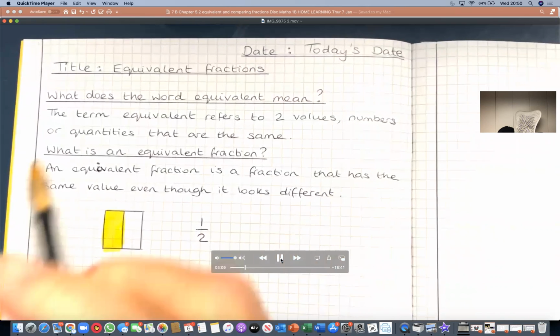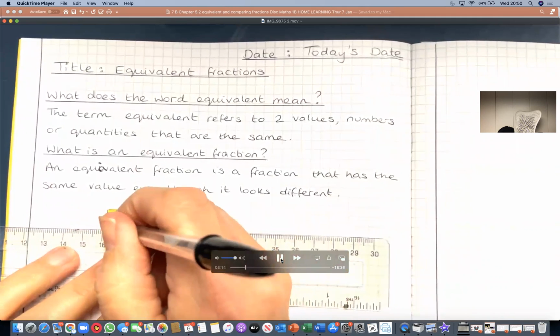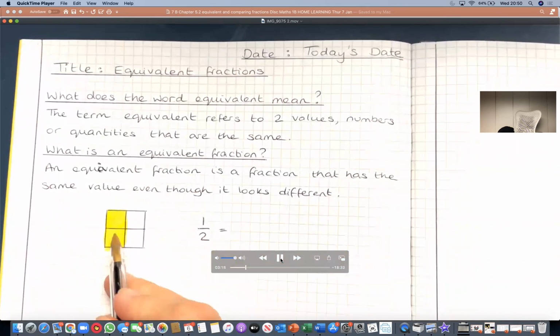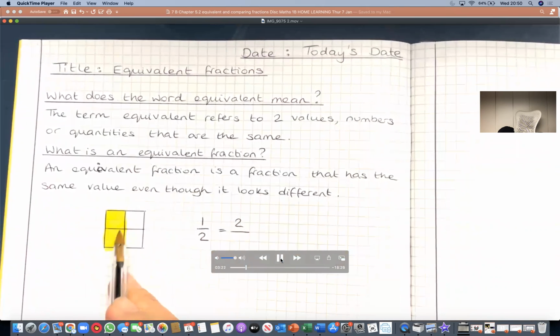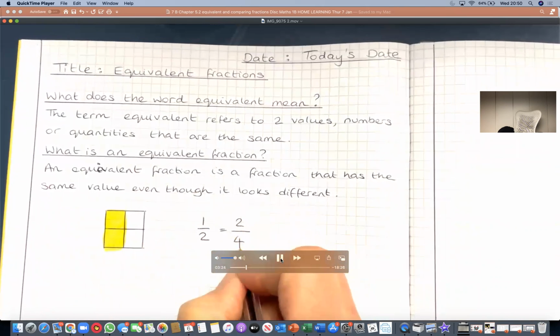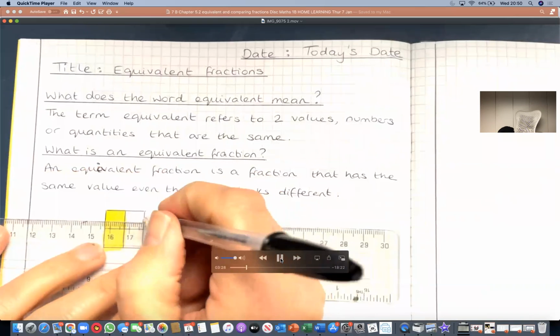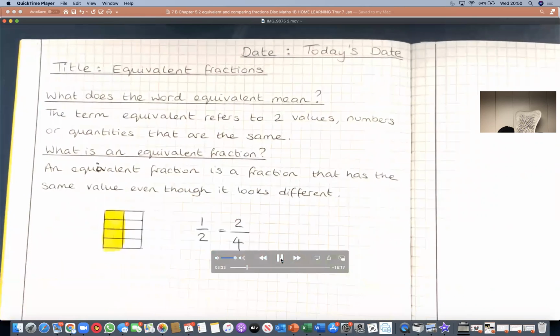Now I can also split my square again this way. So now I have 2 shaded parts out of 1, 2, 3, 4 parts in total. I could split it again. Again, the parts must all be equal.